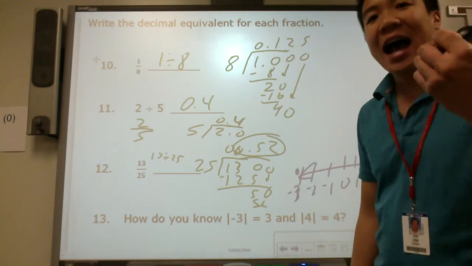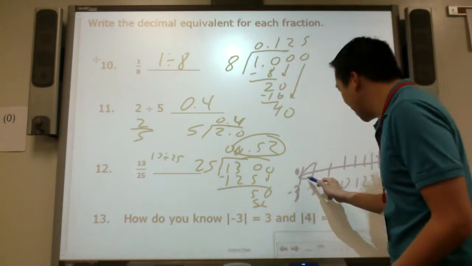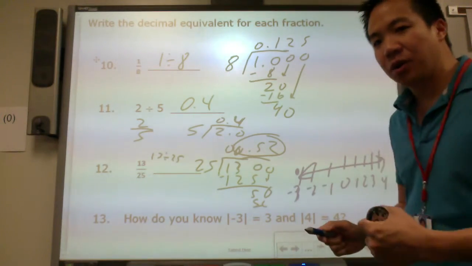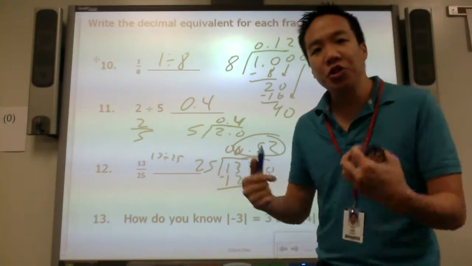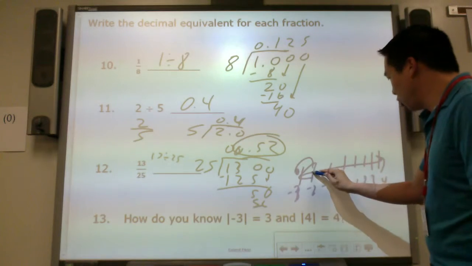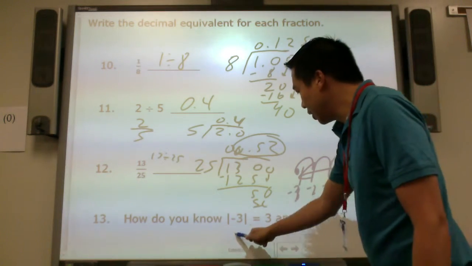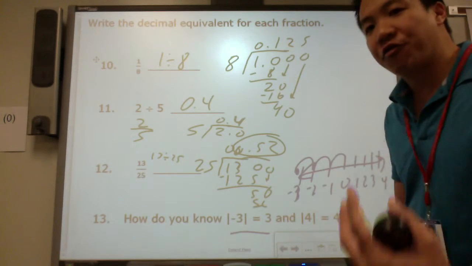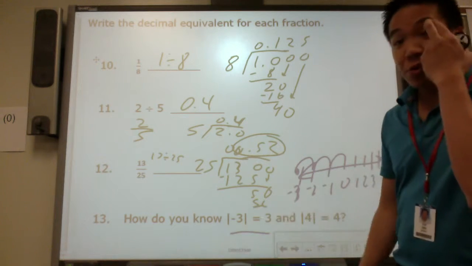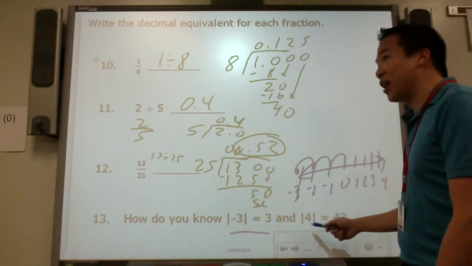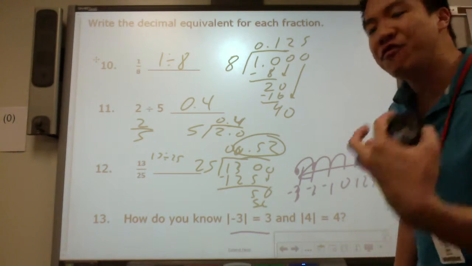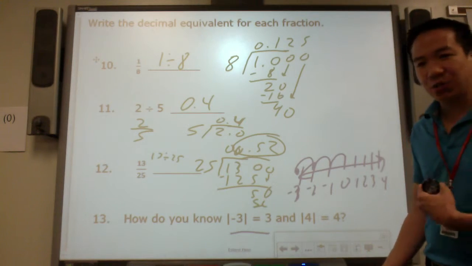Absolute value is how far that number is from 0. You count the number of units. 1 unit, 2 units, 3. It's the distance from 0. So absolute value of -3 is 3, and absolute value of 4 is 4. It's how far it is from 0, distance.